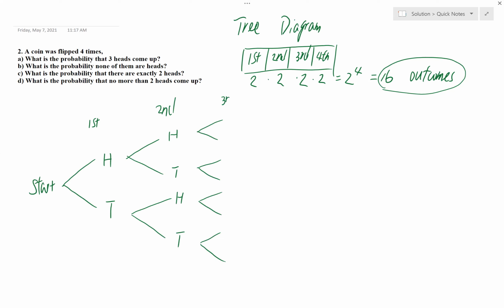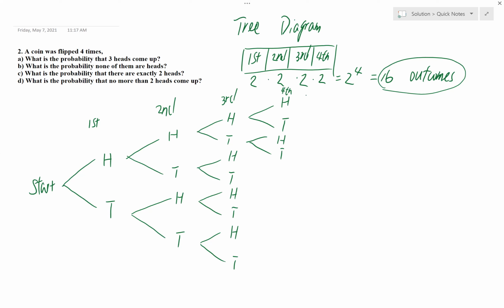And you will notice that when we flip it 4 times, it becomes slightly more complicated. Make sure you have all these branches laid out properly. So this is the 4th time, right?